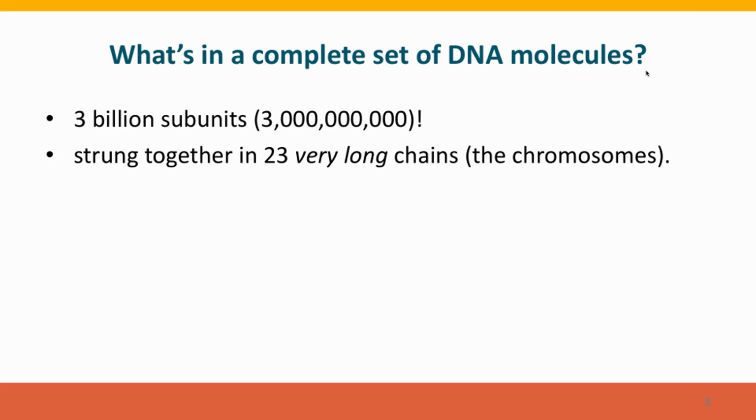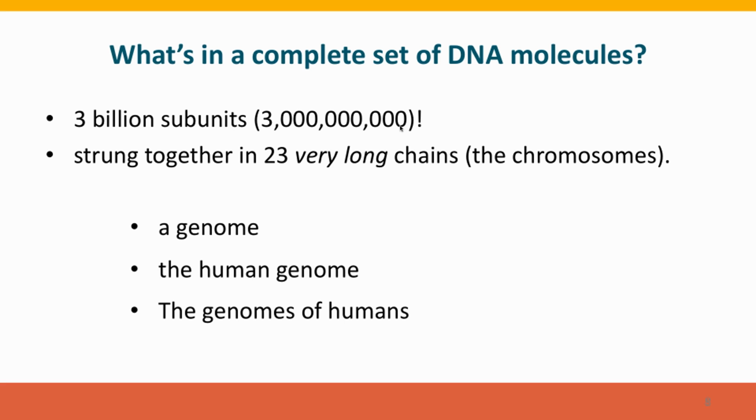Now, what is this complete set of DNA molecules? Well, as I said, it's 23 long chains called chromosomes. The other very important information is, well, how many subunits are we talking about? We're talking about 3 billion subunits, 3 followed by 9 zeros. Now, we speak of this complete set of DNA molecules as being a genome.